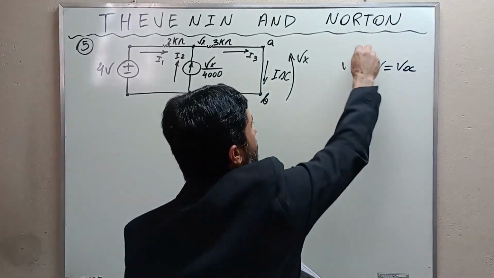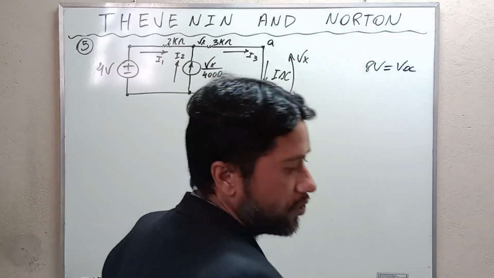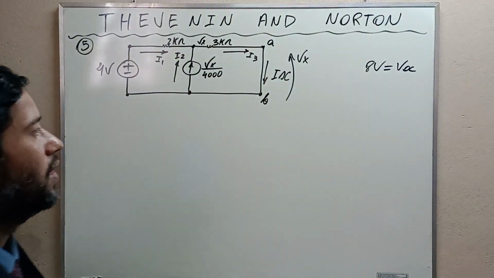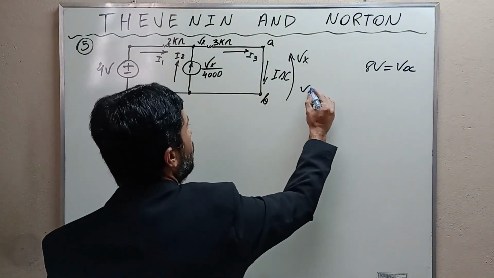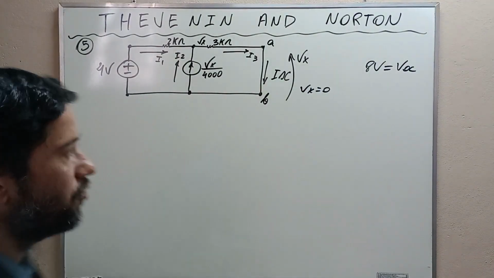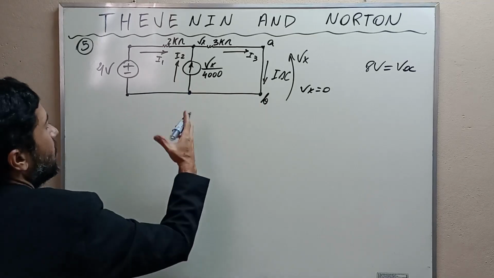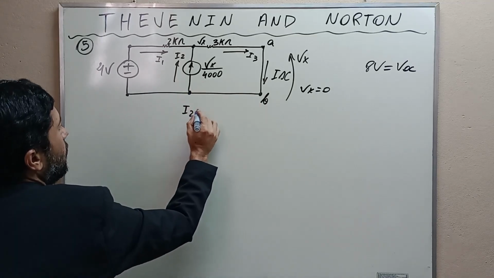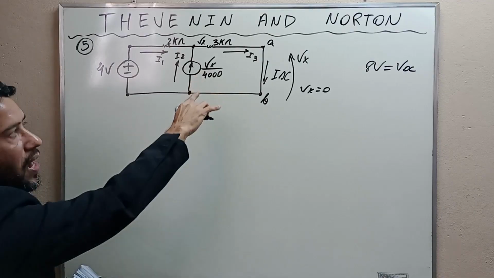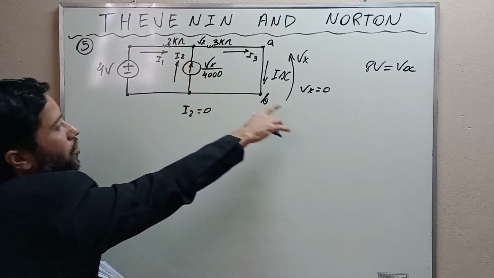But now we have a different situation. Observe that now Vx is equal to 0, and as Vx is equal to 0, this current here, I2, is equal to 0, because I2 depends on Vx.